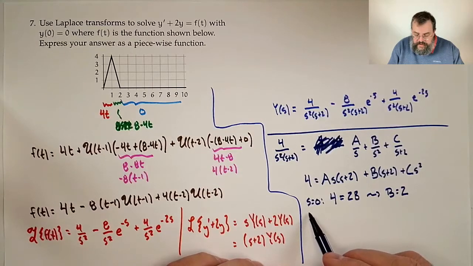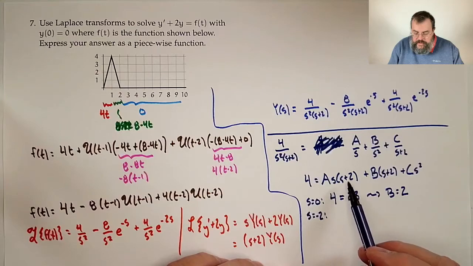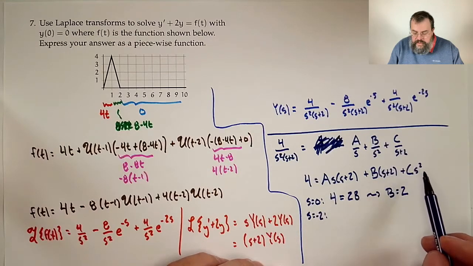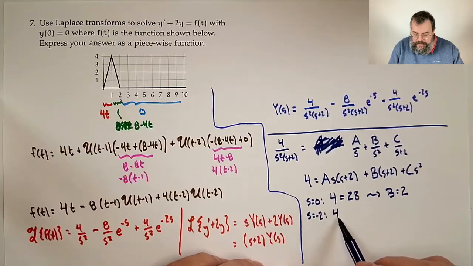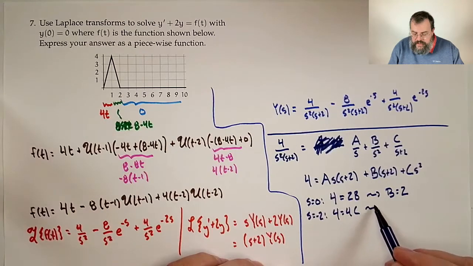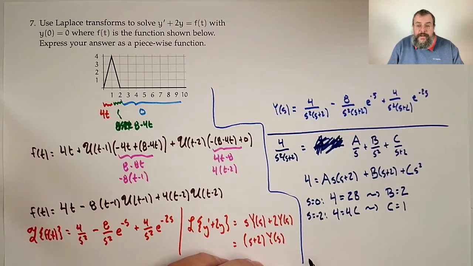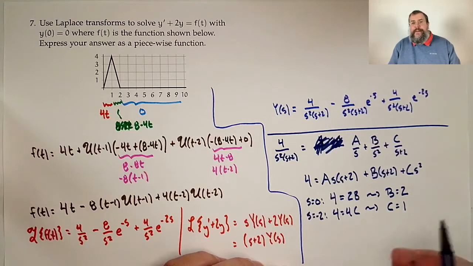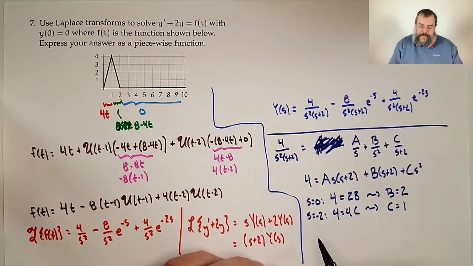We can also pick another nice value, which would be negative 2. 0 and 0 and 4C equals 4. So 4 equals 4C. All right, great. C equals 1. All right, and now you're like, well, I'm out of nice values, but you only have to find one more number. Okay, so just pick any value for s.